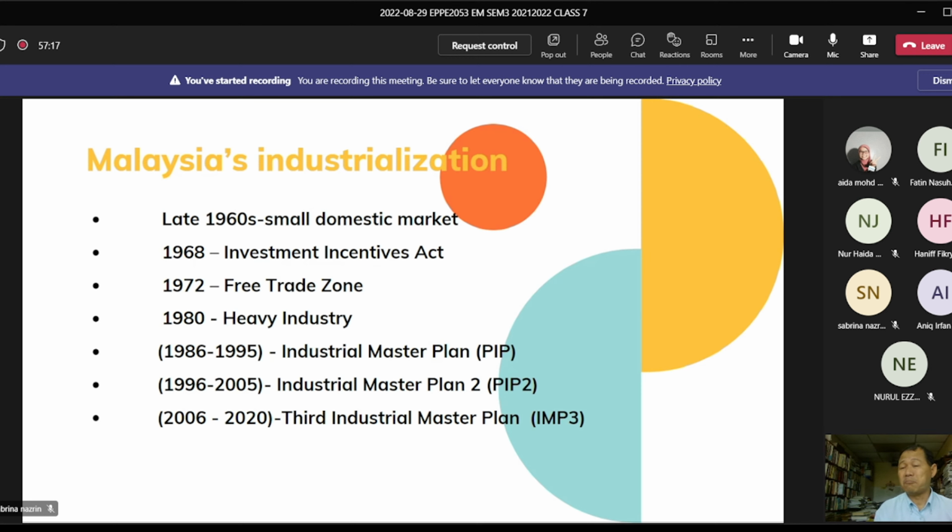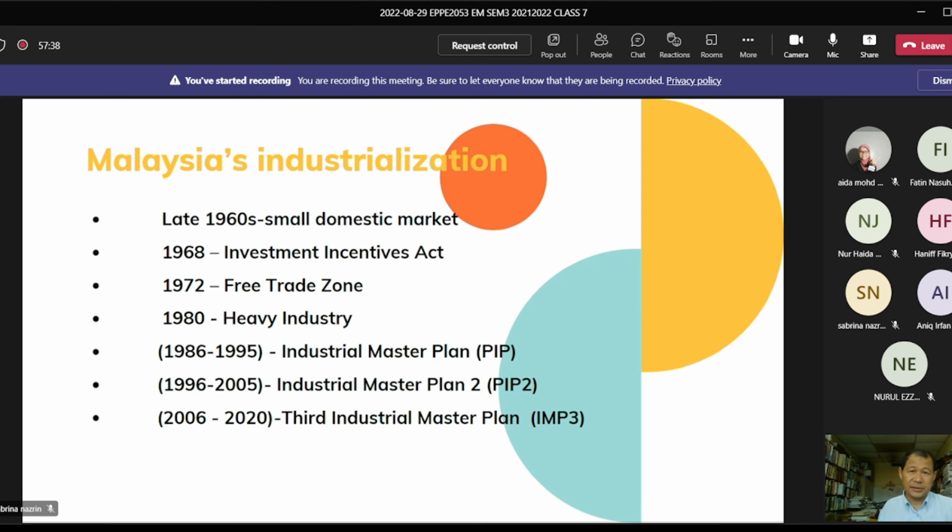So the history of industrialization, I'm not saying it begins with 58, but when you talk about the incentives, you will be talking about acts.